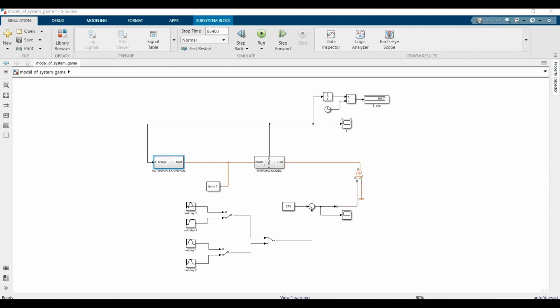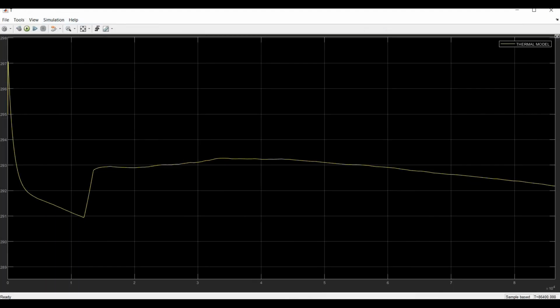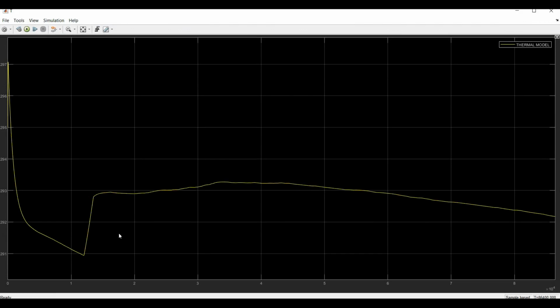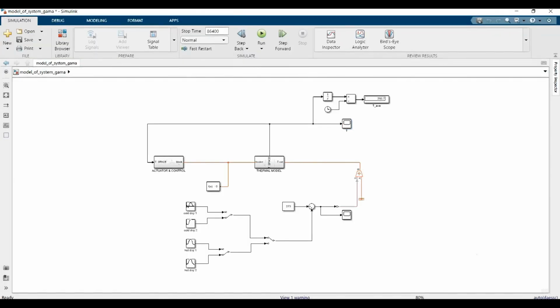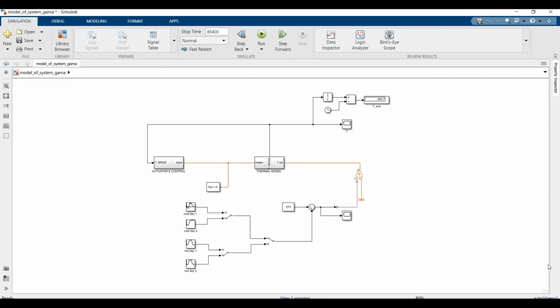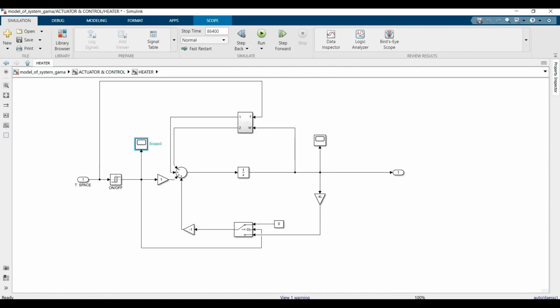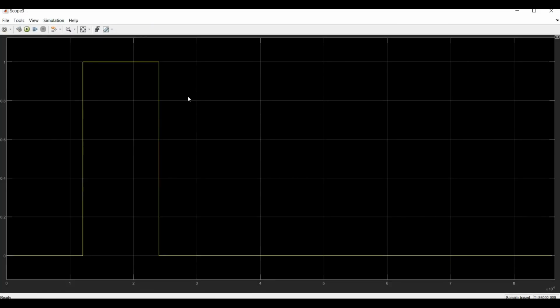The temperature variation of the space is like this, and you can see at this time the heater is turned on. And now I want to see when the heater is working exactly. You can see during this time the heater is on.